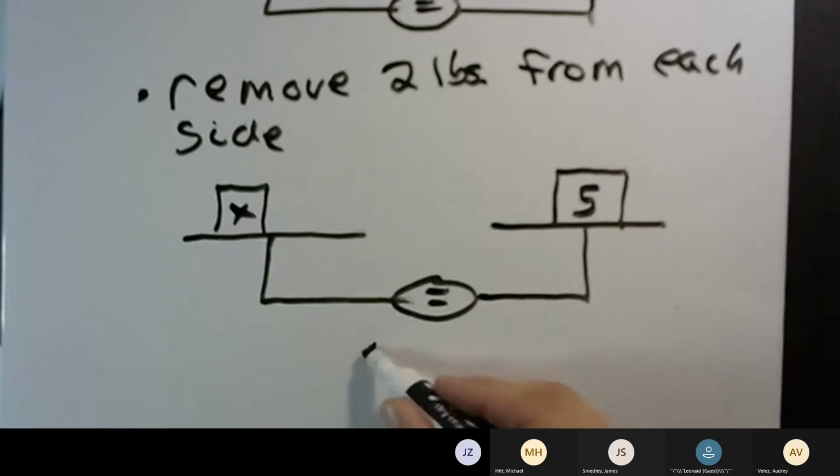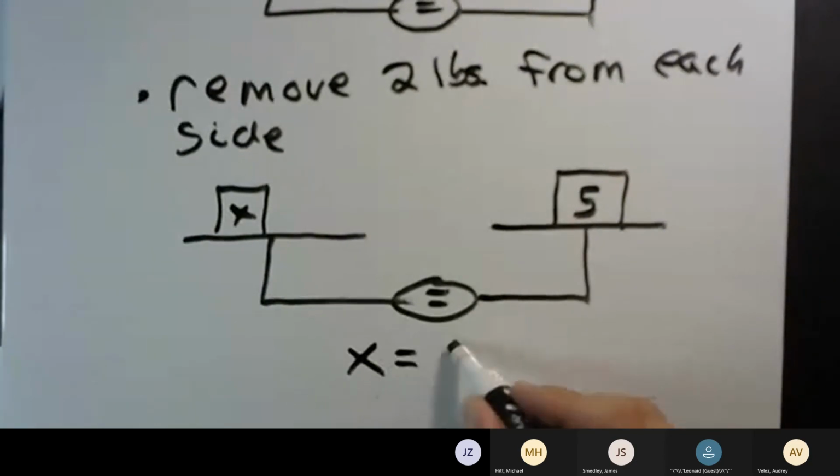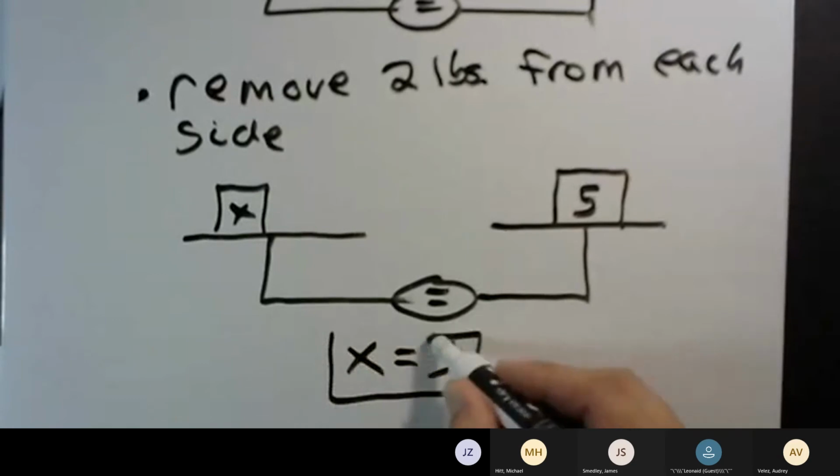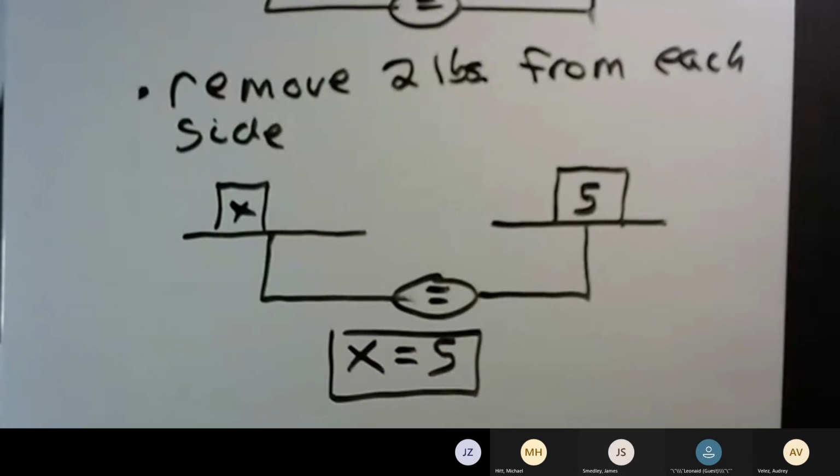And so this says x equals 5. So that's how we can find a solution. We remove 2 pounds from each side. Now, that's using weights. Let's talk about this in terms of algebra.